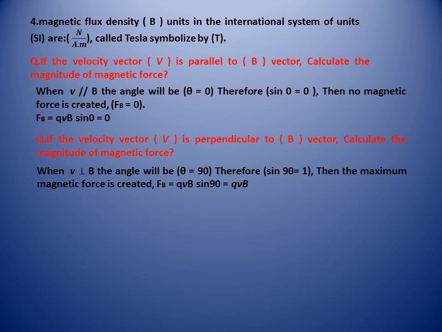Therefore, sine 90 equals 1. This gives the maximum magnitude, so the maximum magnetic force is created by the relationship: magnetic force equals charge, velocity, magnetic flux density multiplied by the sine of the angle. The angle in this case equals 90, sine 90 equals 1, and we obtain the maximum magnetic force.